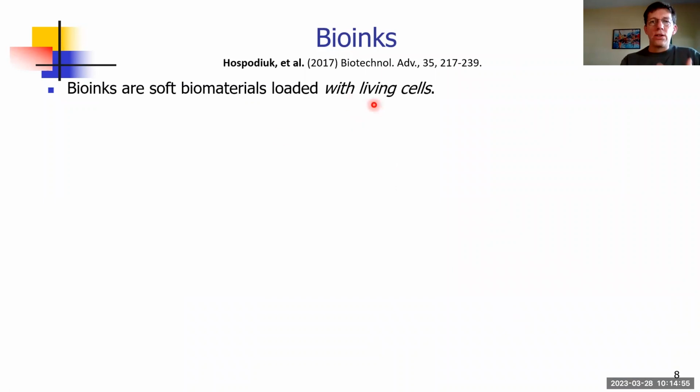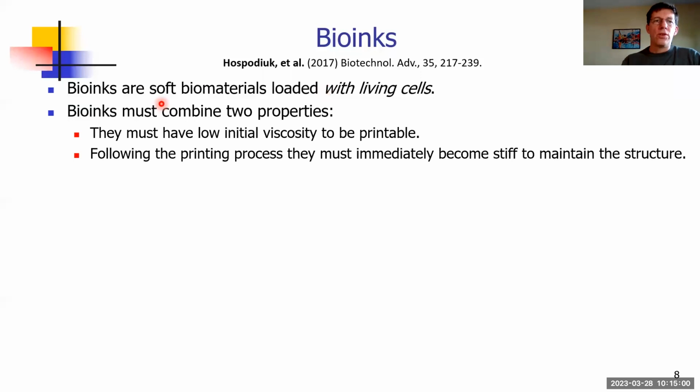As I said, the bioink contains the living cells, and it's a soft biocompatible material. And this material must have two properties. First of all, it must have a low initial viscosity during the printing process, so we can start the printing. But in the second we do the printing, it must immediately become stiff to maintain the structure that we intend to print.